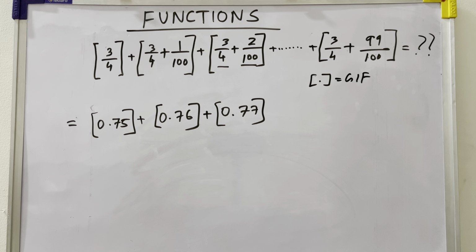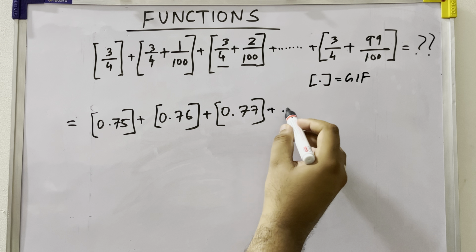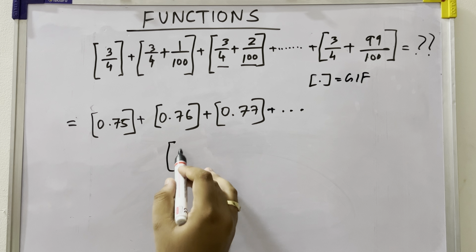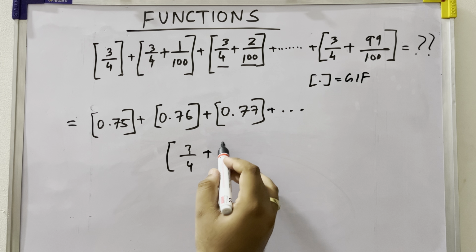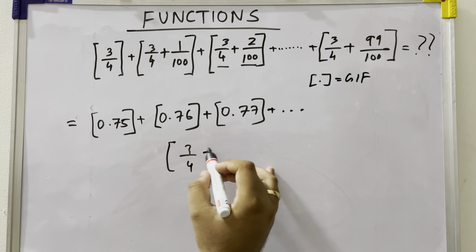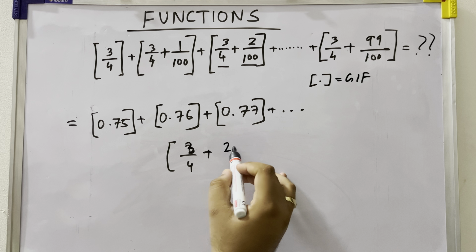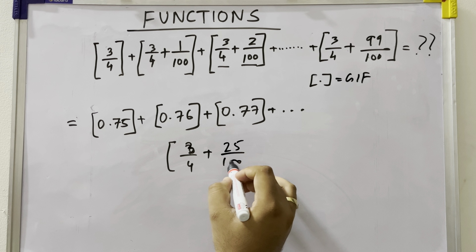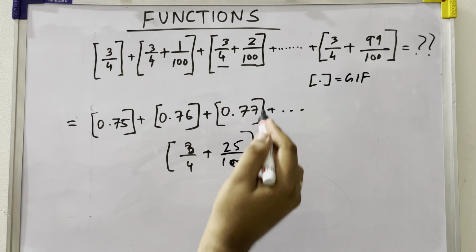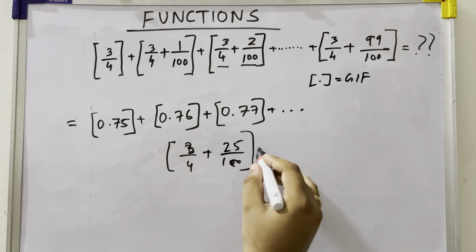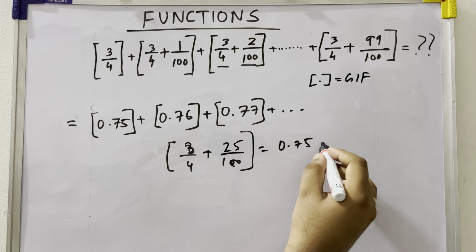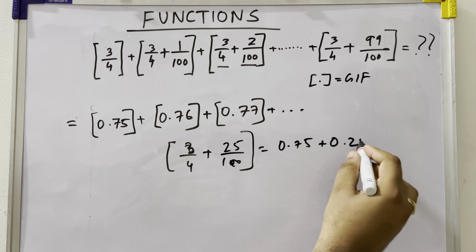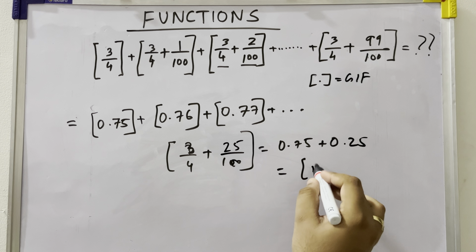Now students, tell me, in between you will get a term which will be 3/4 plus 25/100. What will be the value? 0.75 plus 0.25, which will be 1, right, students?